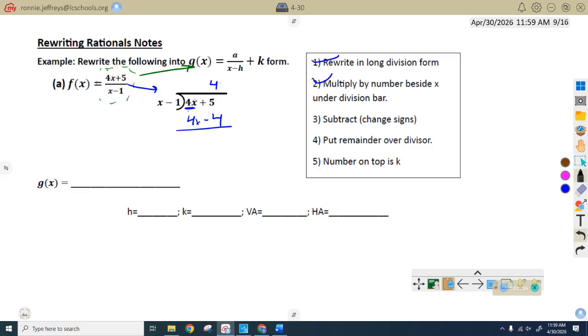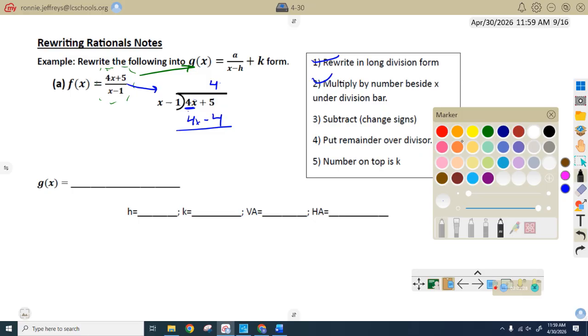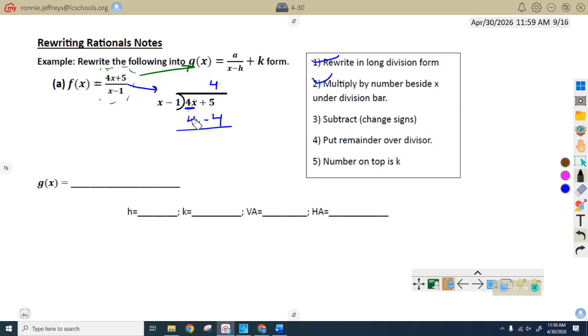In parentheses it says change the signs. So this was a positive 4x, now it's a negative. This was a minus 4, so now it's a positive. So we end up with 9 right here.